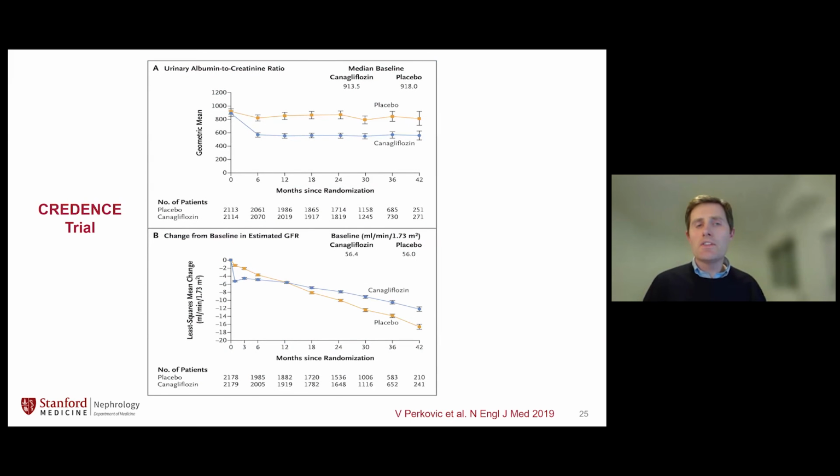And then the stage is set for this first important trial that came along in 2019 called CREDENCE. CREDENCE was the first trial of canagliflozin, of the class of medications that have revolutionized how we in nephrology and cardiology and pulmonology treat chronic kidney disease.